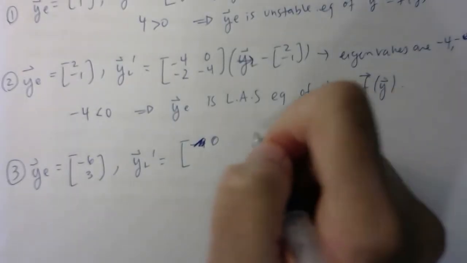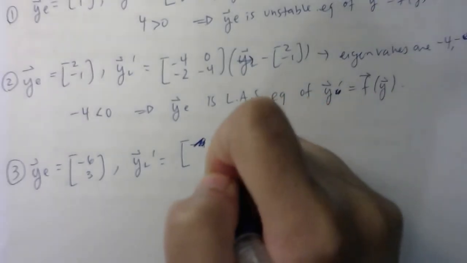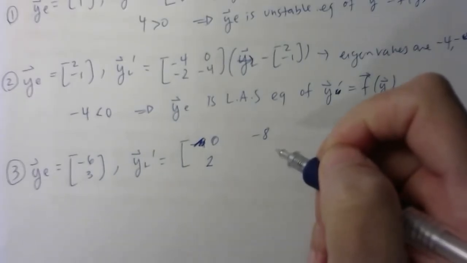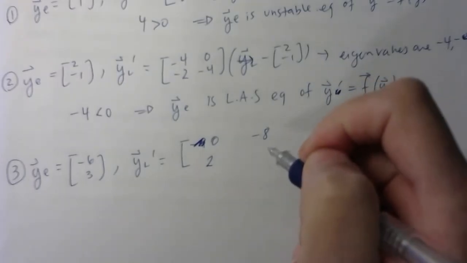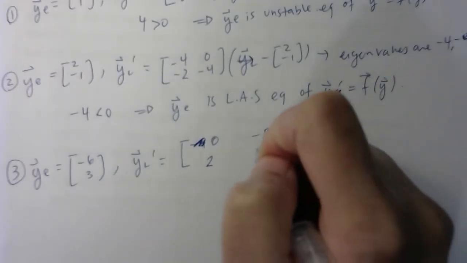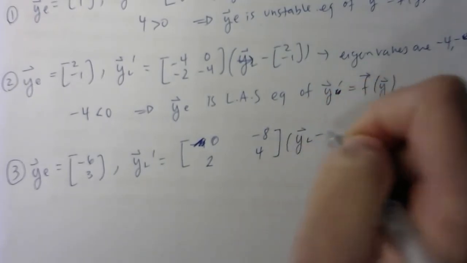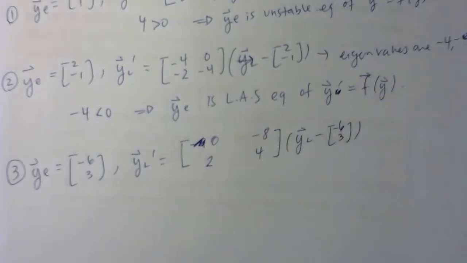Y1 minus 2 is minus 8. Y2 minus 1 is 2. And 4y2, so 12, minus 6 is 6. Minus 2 is 4. YL minus 6 and 3. Does that look right? Looks okay.